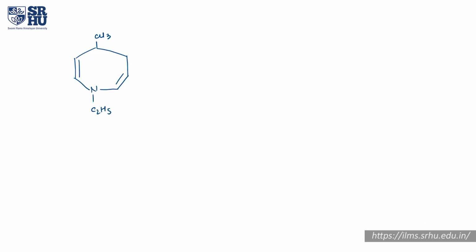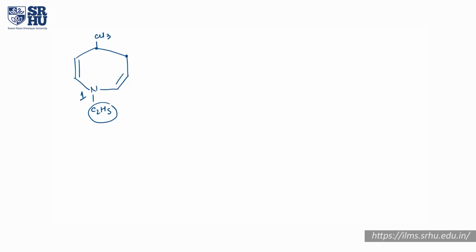You see that without substitution, it was previously 4,5-dihydroazepine. So first of all, consider that this is 4,5-dihydroazepine. Now what should be the nomenclature? This one is the ethyl group. It is always given the first position, so at the first position this is ethyl.